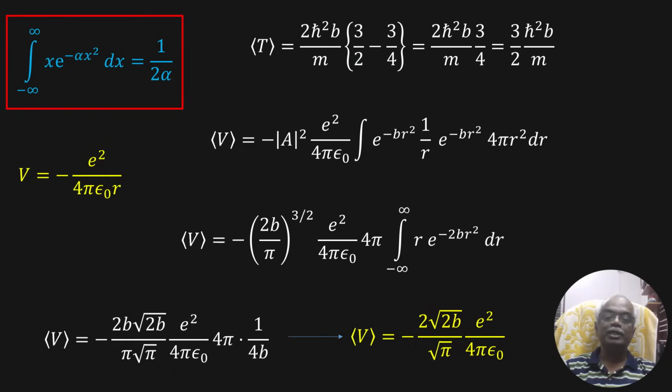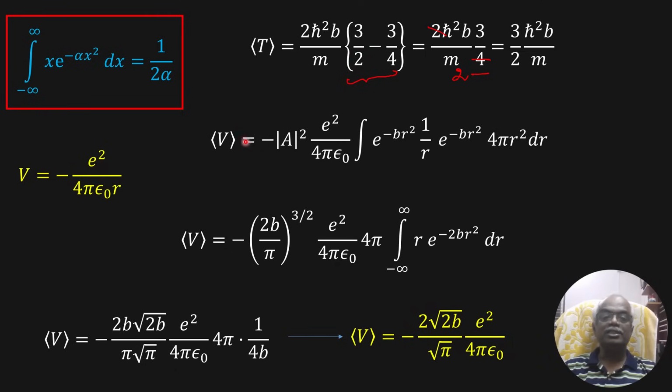So the term inside the bracket will become 3 over 4, and this 2 and 4 will get cancelled. This will become 2. So 3 by 2 h cross squared p over m. This is the expectation value of the kinetic energy.